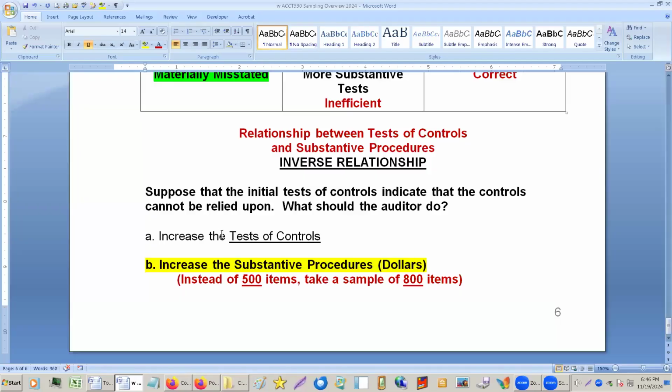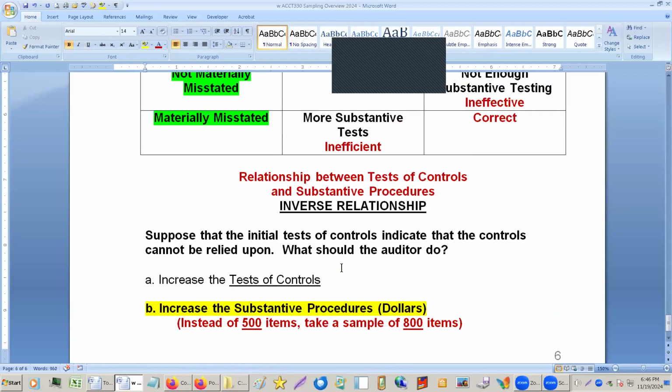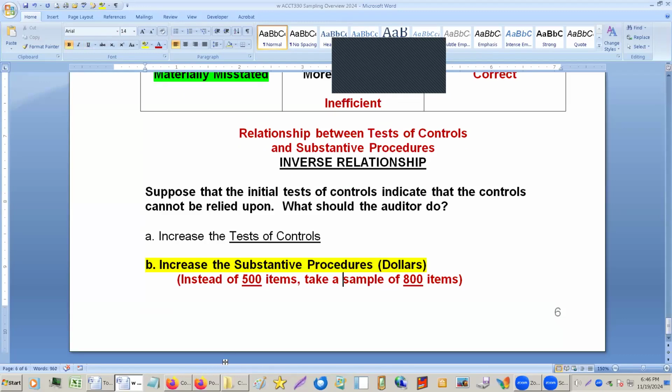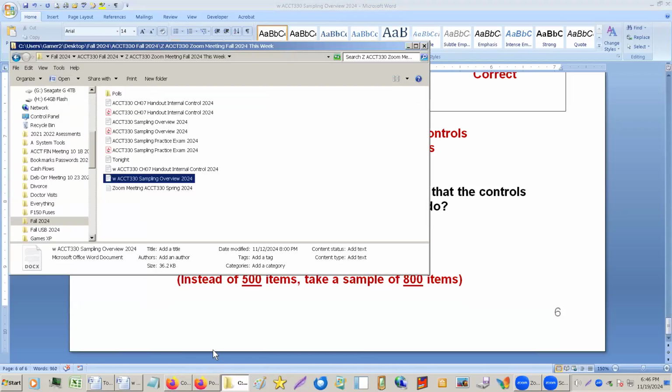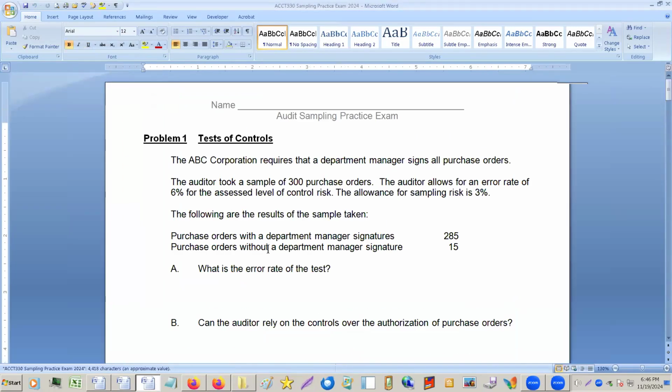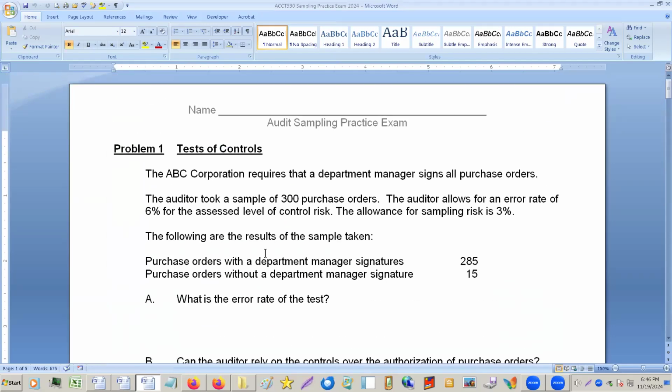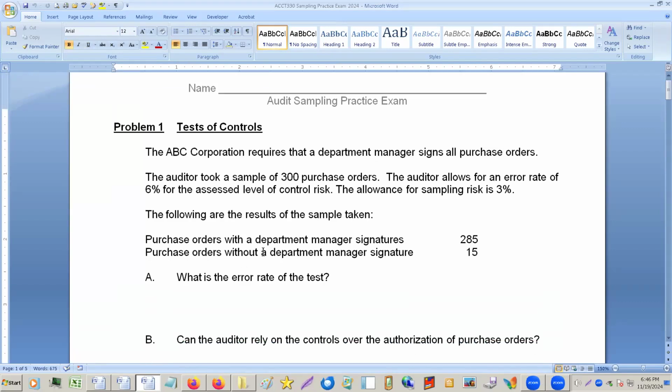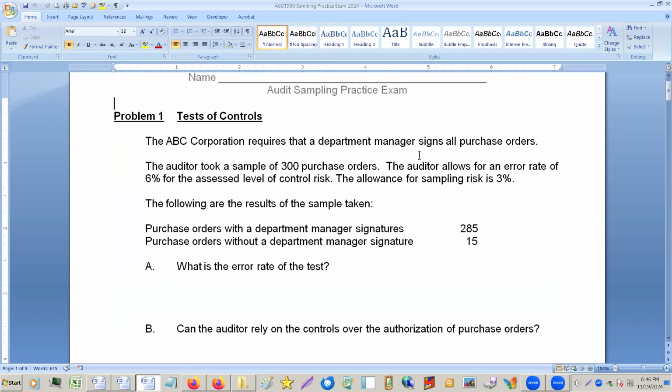Okay, let's see here. What are we at? 6:49. I tell you what, let's jump right into the sampling practice exam. This is all we're going to do tonight, by the way. I'm going to send out the sampling exam, which is kind of like, I would say, tied with chapter 3 as being the two hardest tests.